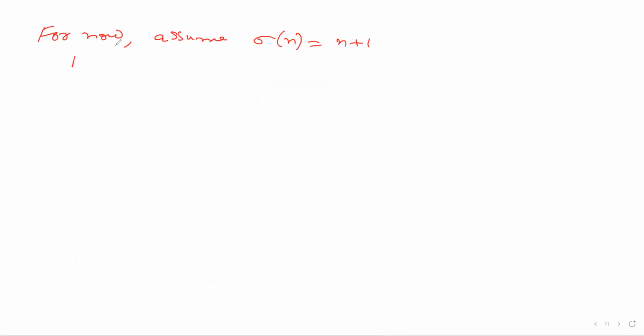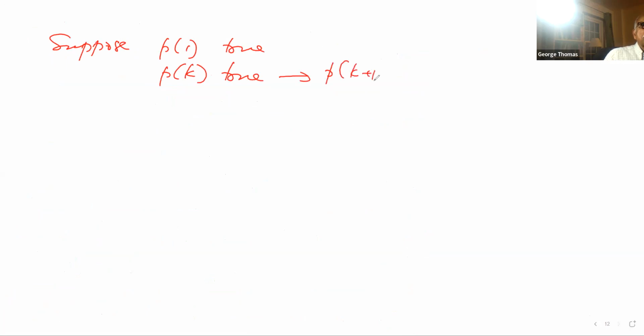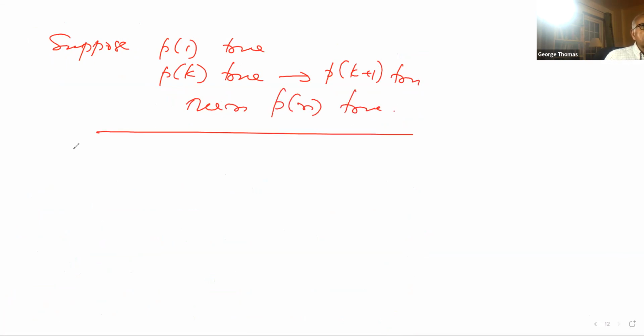Now let me write it again. Suppose, here is the mathematical induction. Suppose P(1) is true, P(k) true implies P(k plus 1) true, then P(n) true. Okay, let us see. Look at this thing.